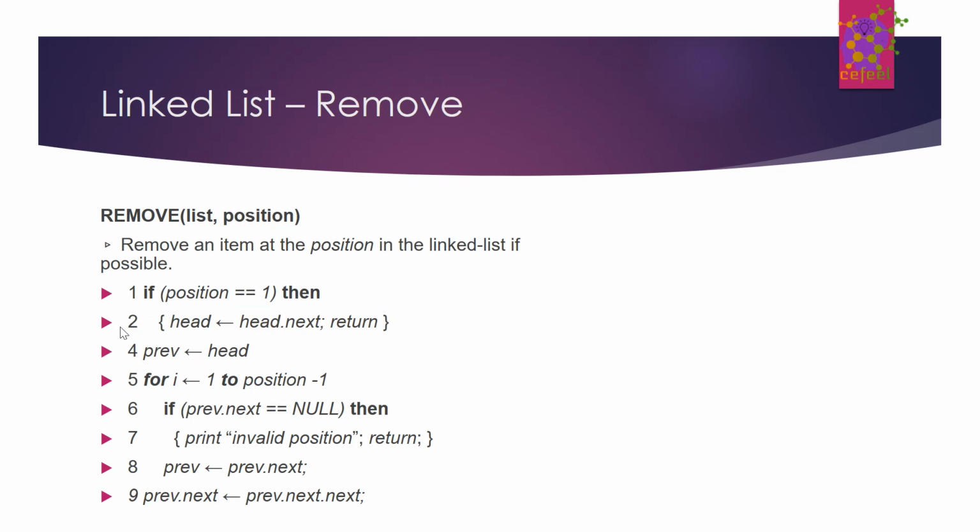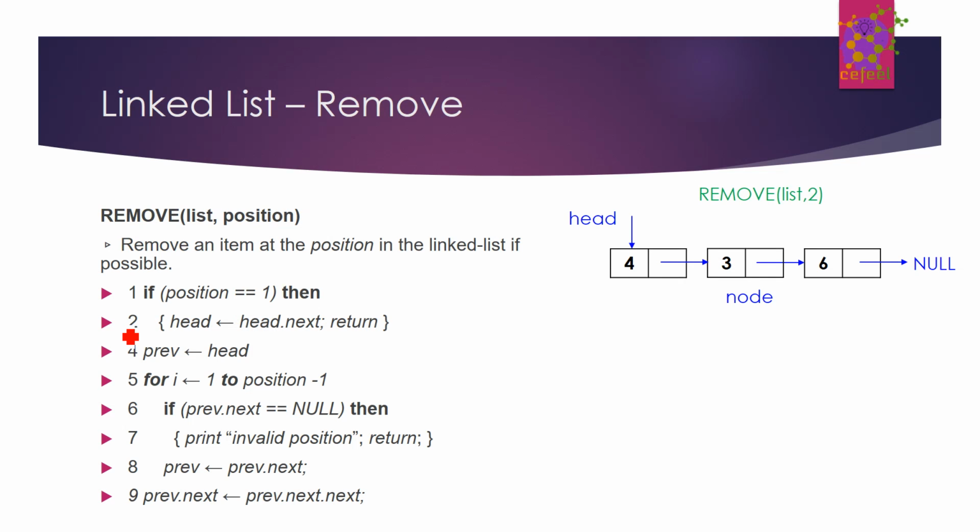Let's see the other case, wherein we have 3 nodes, let's say 4, 3, 6, and we want to remove the second position, which means node 3 here, because 4 is node 1, 3 is node 2, and 6 is node 3. In this case we will not go into the if condition, we'll come to step 5, and we will use a previous pointer here.